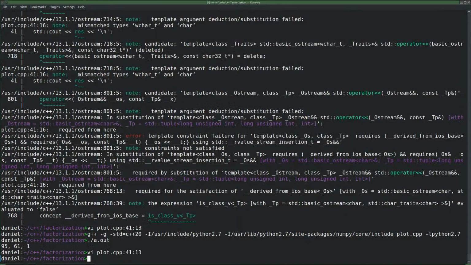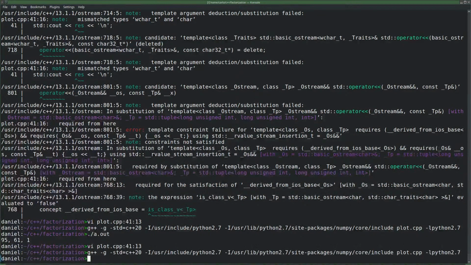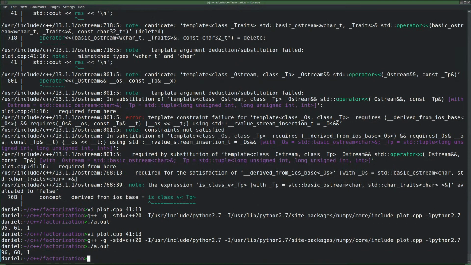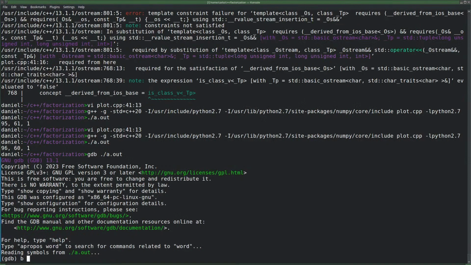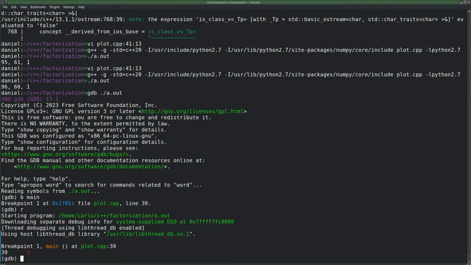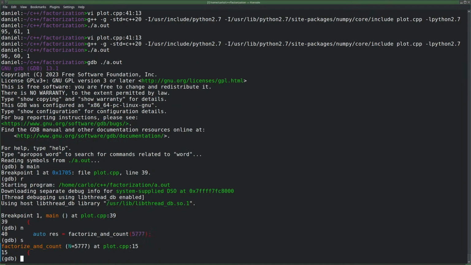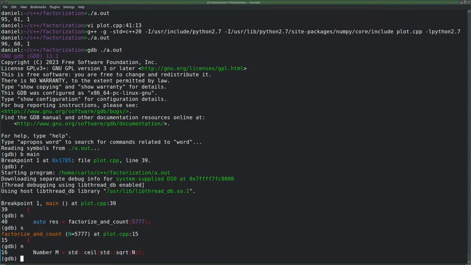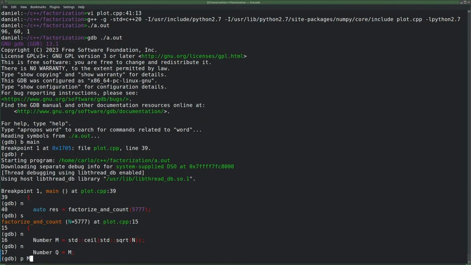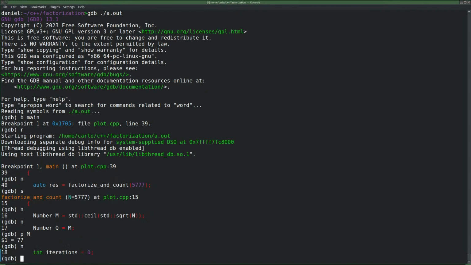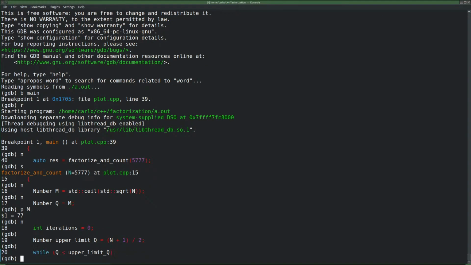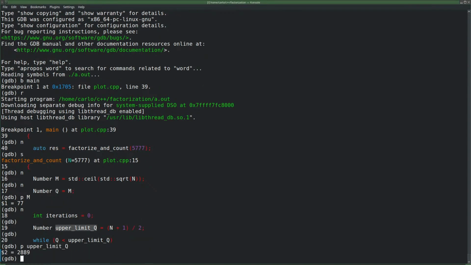I cannot believe that's the problem, but well, that is not a problem. Okay. 77. Upper limit is big.